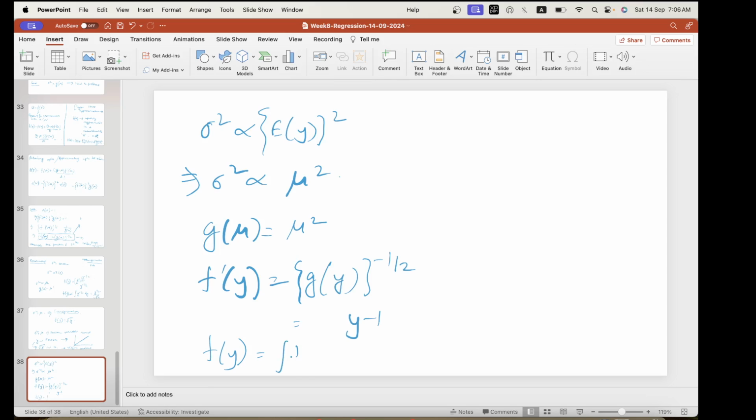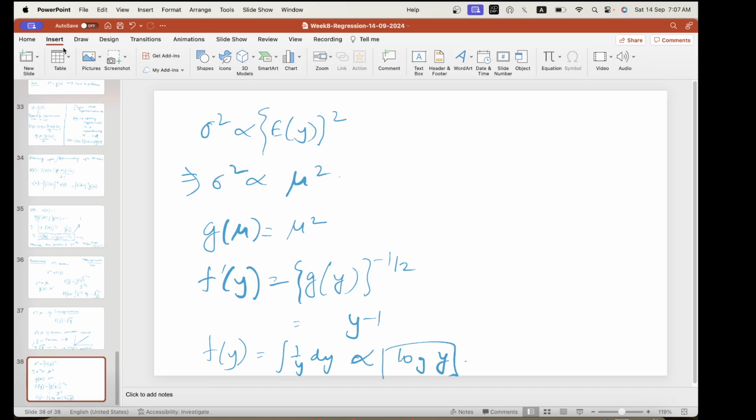So fy would be the integral of 1 by y dy, that is proportional to log y. Therefore when sigma square is proportional to mu square, the required transformation is actually log y.